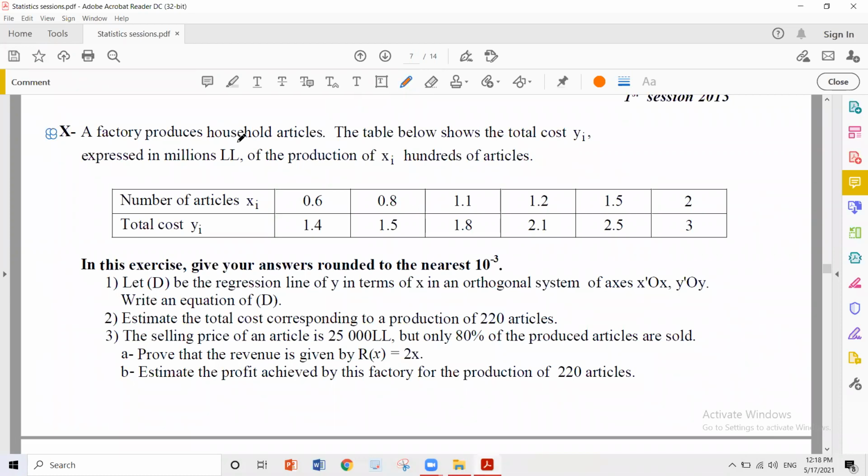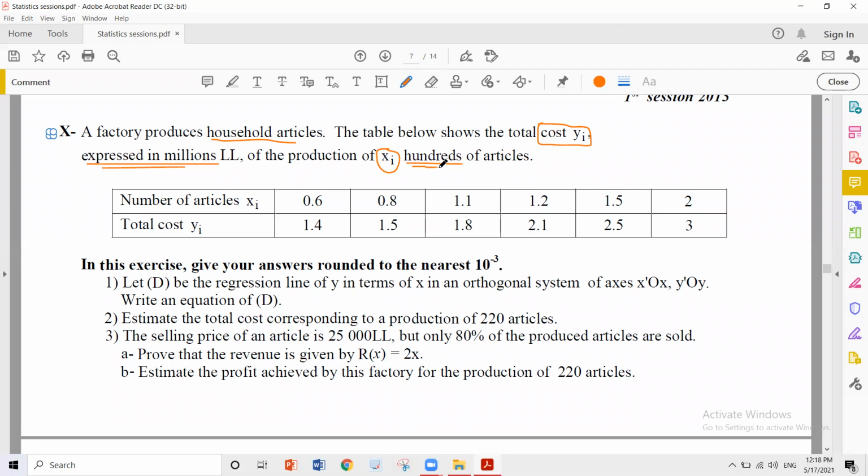Exercise 10. A factory produces household articles. The table below shows the cost Y_i, expressed in millions of Lebanese lira, of the production of X_i hundreds of articles.